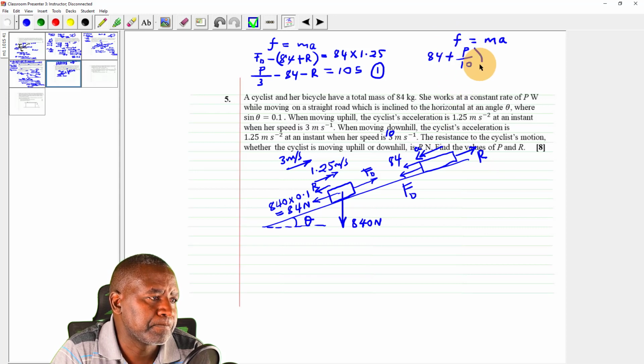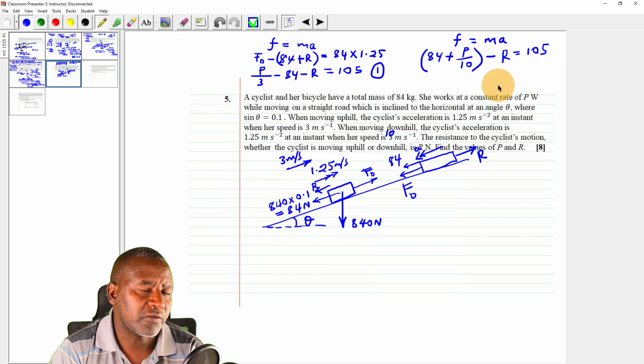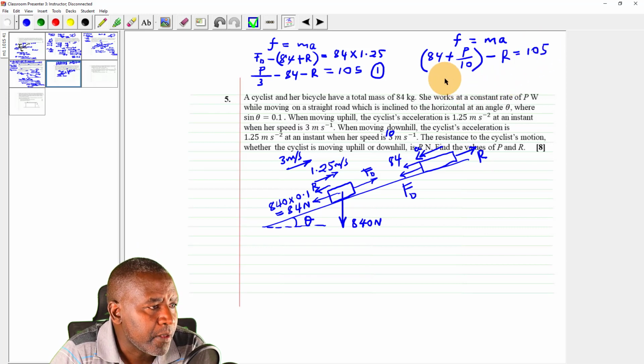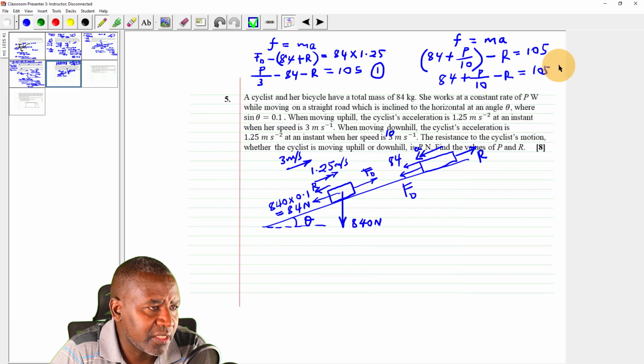Those two forces minus the force opposing that motion, which is R, is equal to 84 times 1.25, because the acceleration is still the same, 105. So we have 84 plus P over 10 minus R is equal to 105. And this is equation number 2.